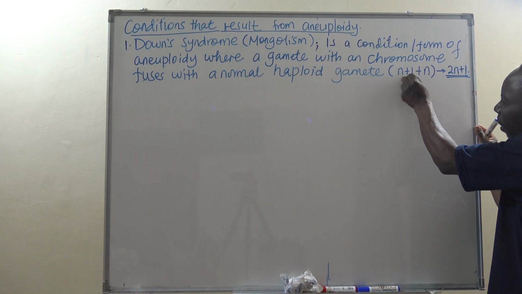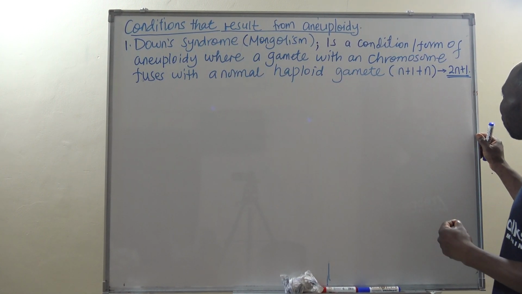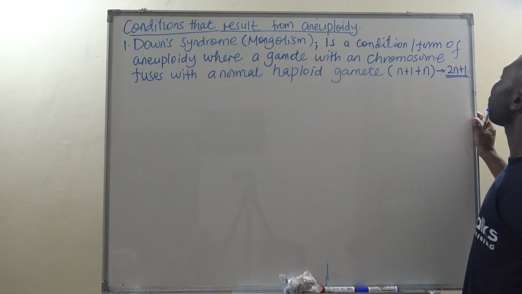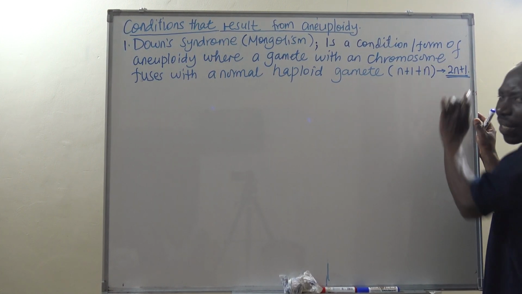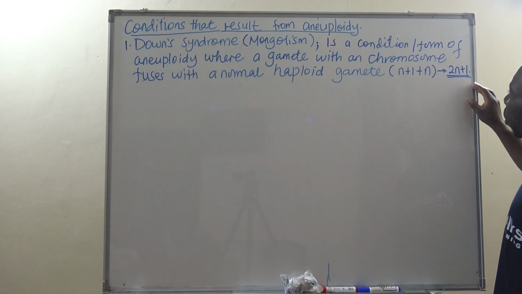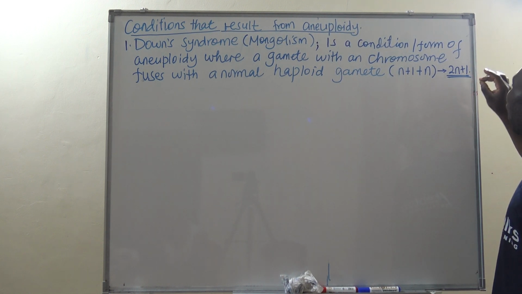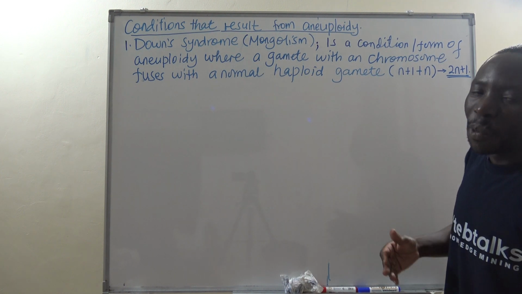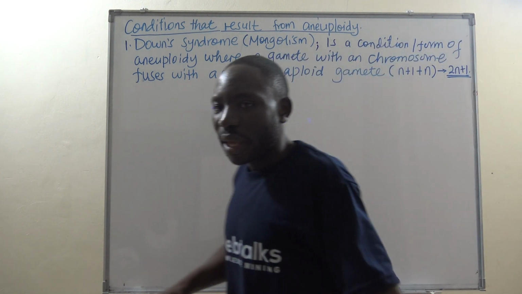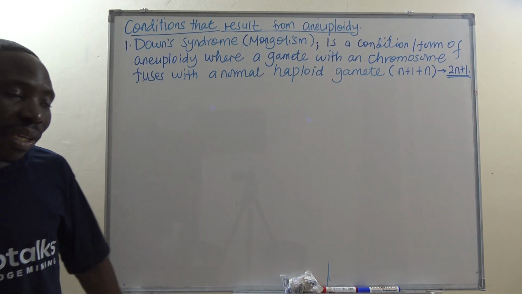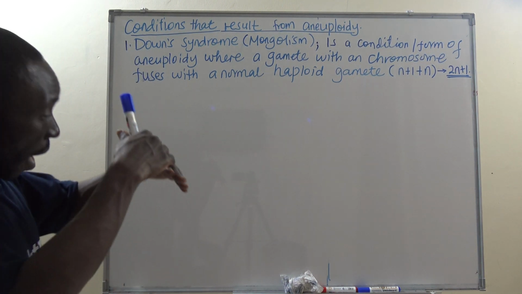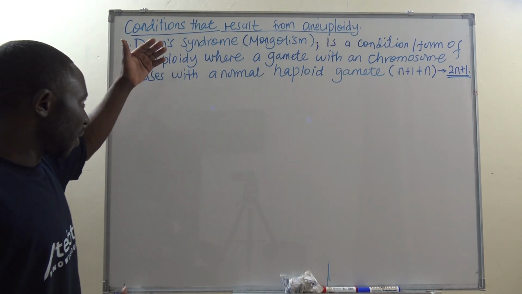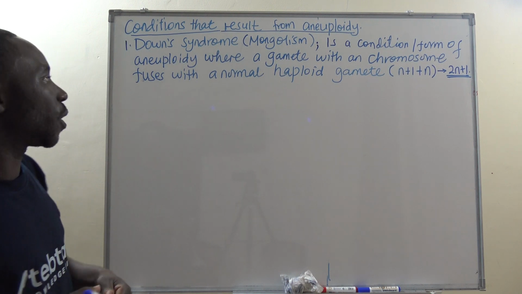That is now n plus 1, a gametic cell. It fuses with another haploid gamete whose condition is n, resulting in formation of a zygote with 2n plus 1. And now, when such a zygote develops into a baby, and then an adult individual, the person has a condition called Down's syndrome or Mongolism.